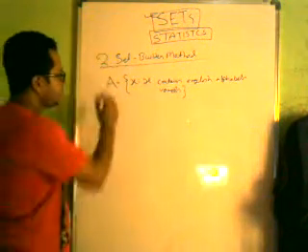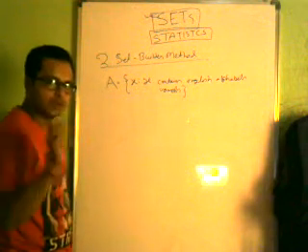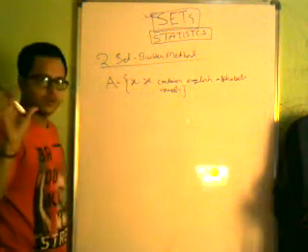So how do we write this set in the set builder method? We know there are 5 vowels.